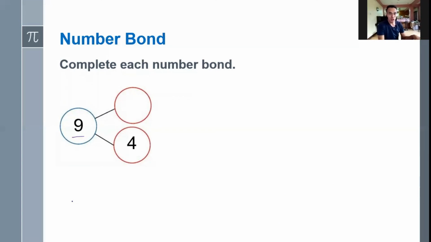So I'm going to draw 9 circles. 1, 2, 3, 4, 5, 6, 7, 8, 9. One part is 4, so I'm going to cross out 4 of them. 1, 2, 3, 4. I'm going to count the remaining circles. 1, 2, 3, 4, 5. There are 5 circles left. Therefore, the missing number is 5. 4 and 5 make 9.